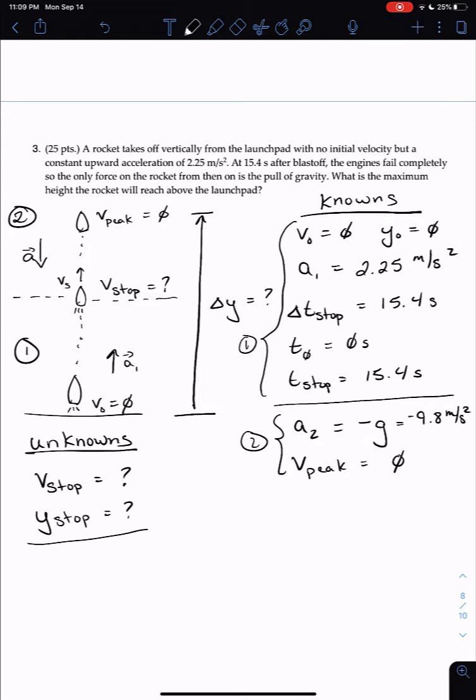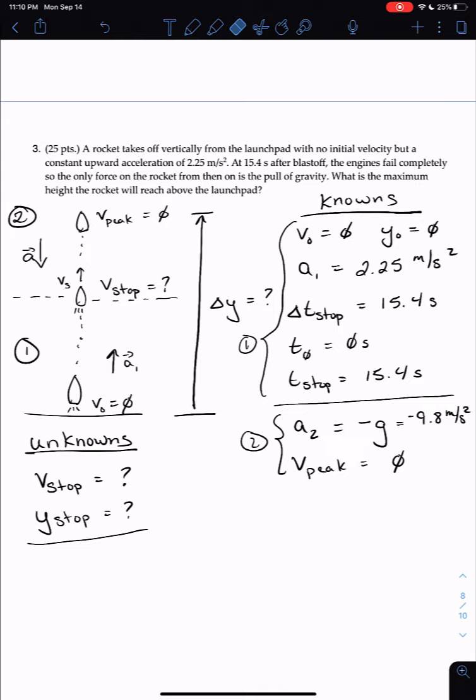For part 2, my unknowns would actually be both of the ones I just started with. The velocity at which part 2 starts happens to be the velocity sub-stop, same with the position. The other things that I don't know are the distance it travels in part 2, that elapsed distance, as well as the time.